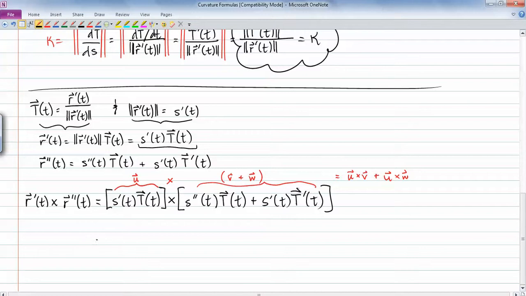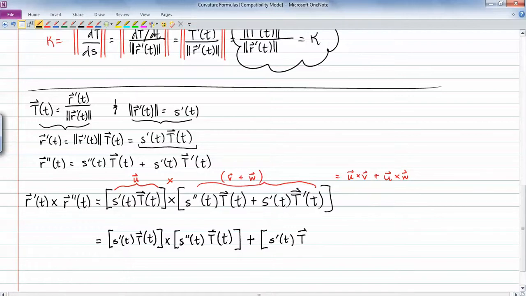So down here, this is going to turn into u cross v: s prime of t, T of t, cross the first one, v here, s double prime of t, T of t, plus the u again, s prime of t, T of t, cross the second one, s prime of t, T prime of t.